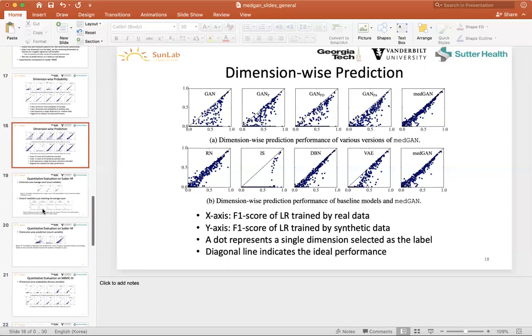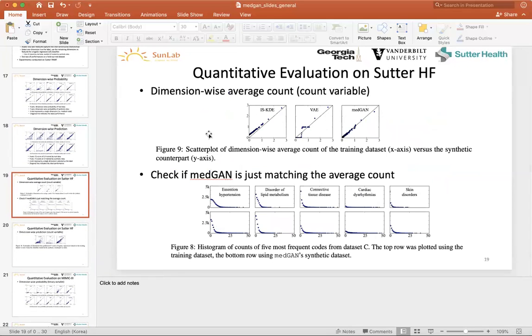And there are a couple more evaluation results for the count data. So this is the dimension-wise average count. So we're talking about count data, not binary data. The counterpart of dimension-wise occurrence probability is the dimension-wise average count.